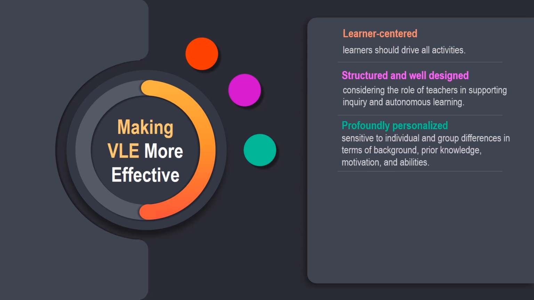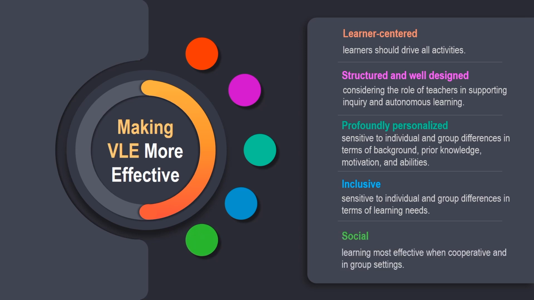Then it should be profoundly personalized, sensitive to individual and group differences in terms of background, prior knowledge, motivation and abilities. Then it should be inclusive, that is sensitive to individual and group differences in terms of learning needs, and it should be social, that is, learning is most effective when cooperative and in a group setting. So, these things are to be taken care of to make your virtual education system more effective.